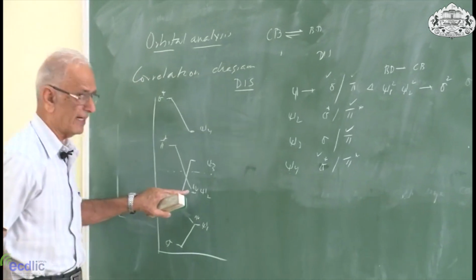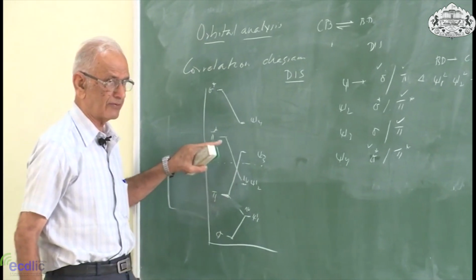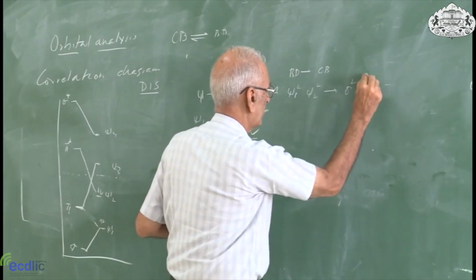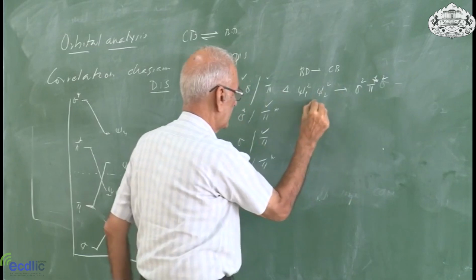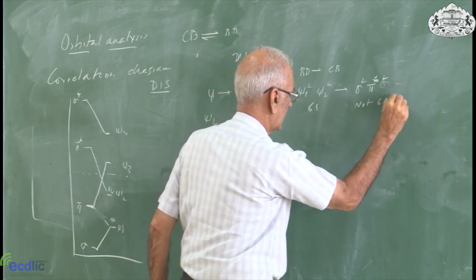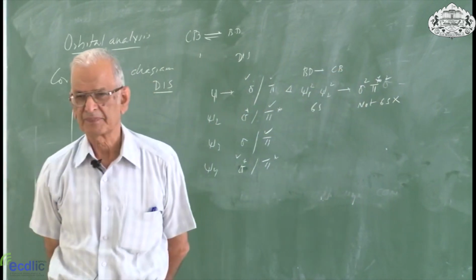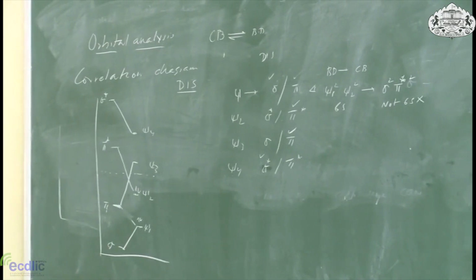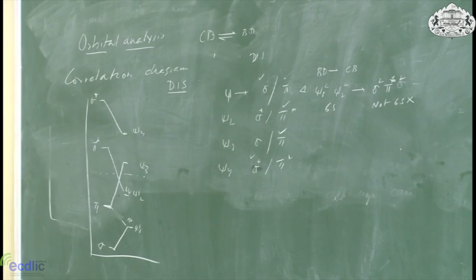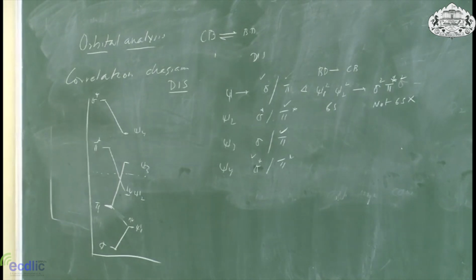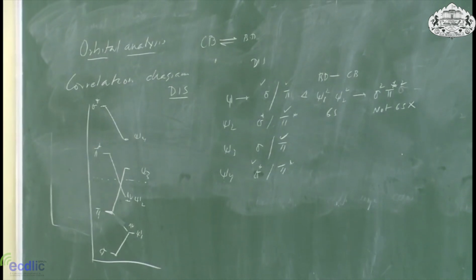Where does your psi 2 electron go? Psi 2 electrons go into pi star. Pi star 2 electron. This is ground state. This is not the ground state. Therefore, thermal reaction disrotatory is not allowed. If ground state gives ground state, reaction is allowed. If ground state does not give ground state, reaction is disallowed.